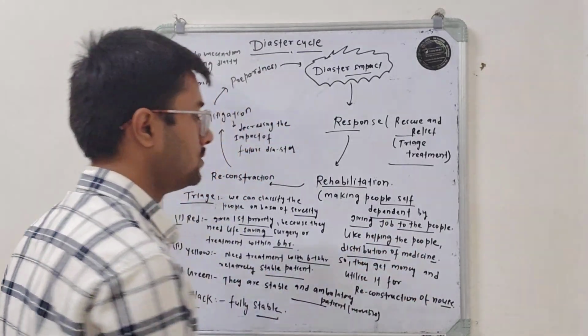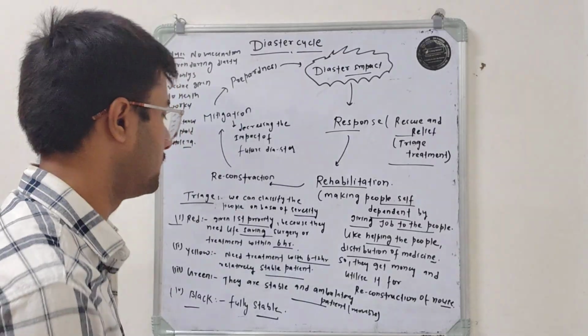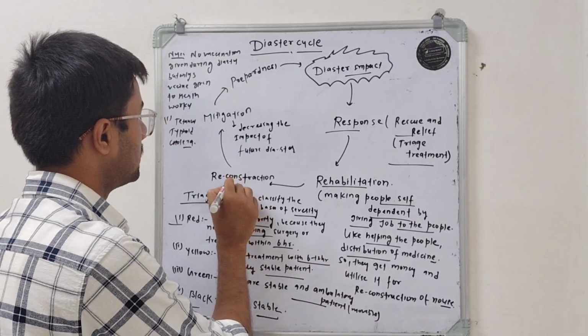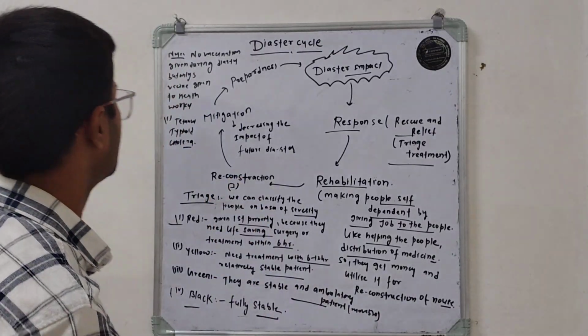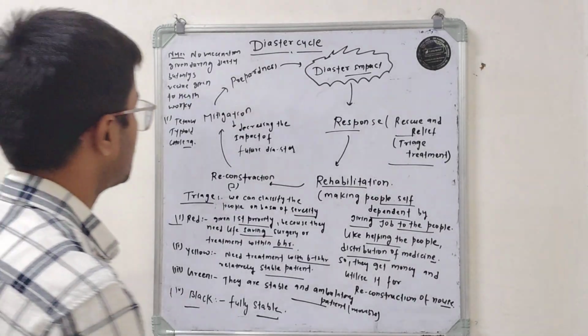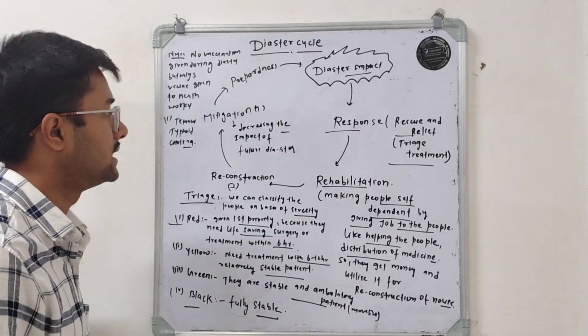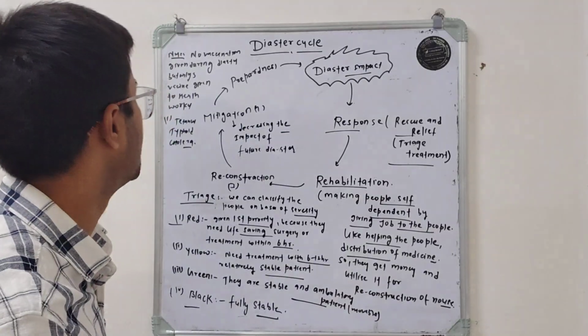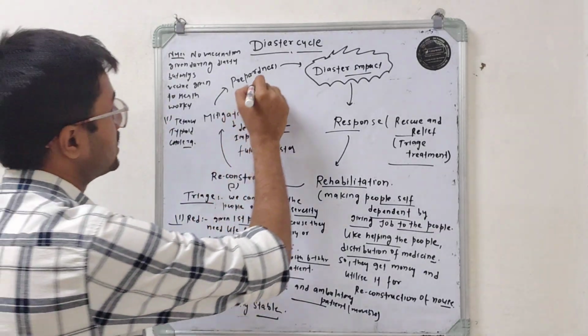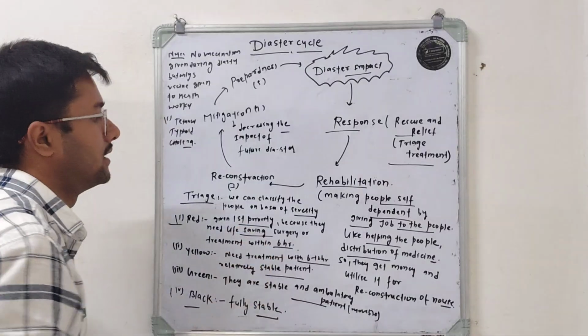They get money and utilize it for the reconstruction of their houses. This is the third step, reconstruction. After reconstruction, the fourth step is mitigation, where we try to decrease the impact of disasters. And after mitigation, the fifth step is preparedness.